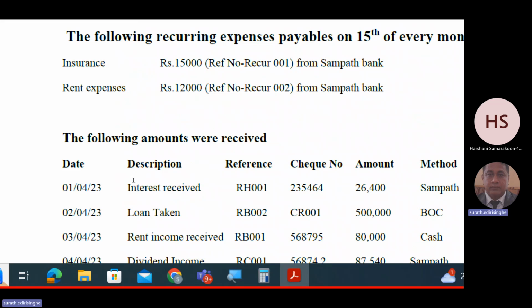The company has taken a general insurance policy for the employees who work at the factory, from Sri Lanka Insurance or Janashakthi or somewhere. The company has to pay 15,000 each month. Record this transaction as a recurrent expense payment like this, like in rent expenses. Separately, you have to write the transaction relevant to your entity, your company.